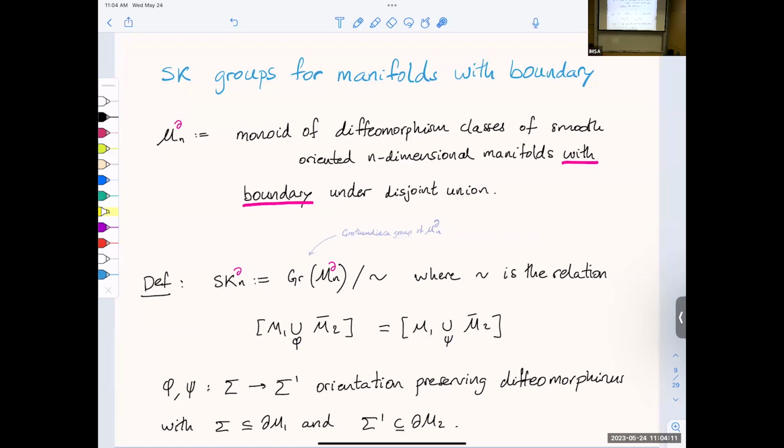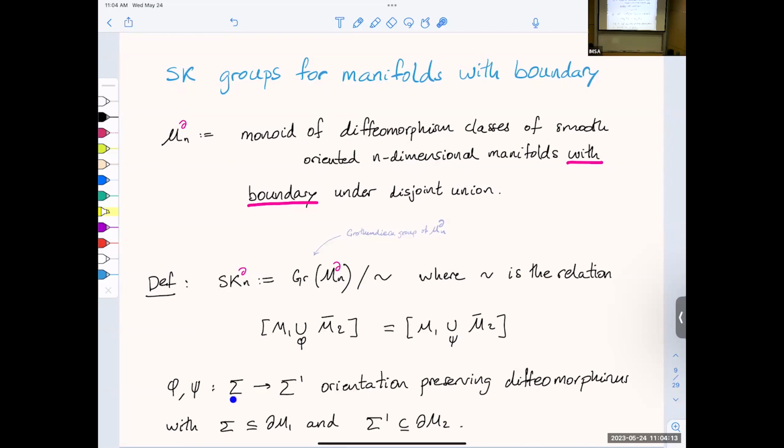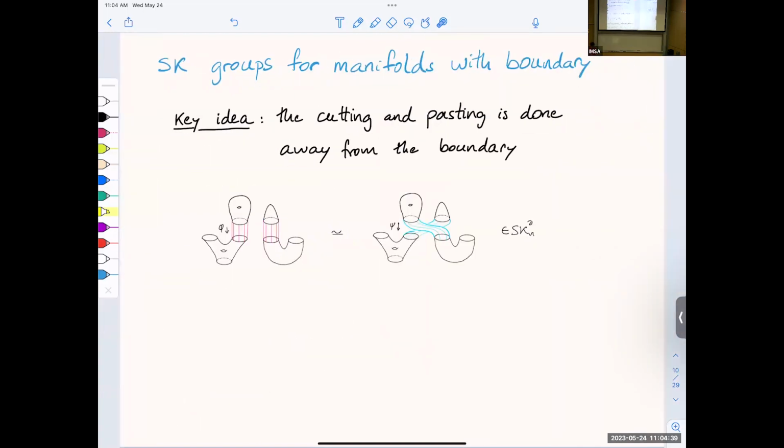Your diffeomorphisms phi and psi are orientation preserving diffeomorphisms of just submanifolds in your boundary. So you're going to be gluing along some submanifolds. That's all fine, but we did have some rules on how you cut and what you're allowed to paste. The next slide gives you an idea of what those rules are.